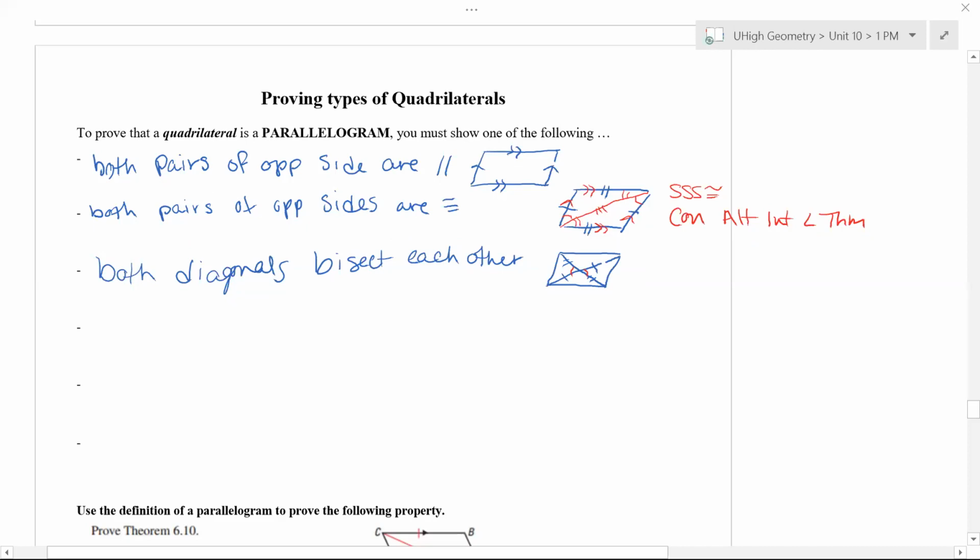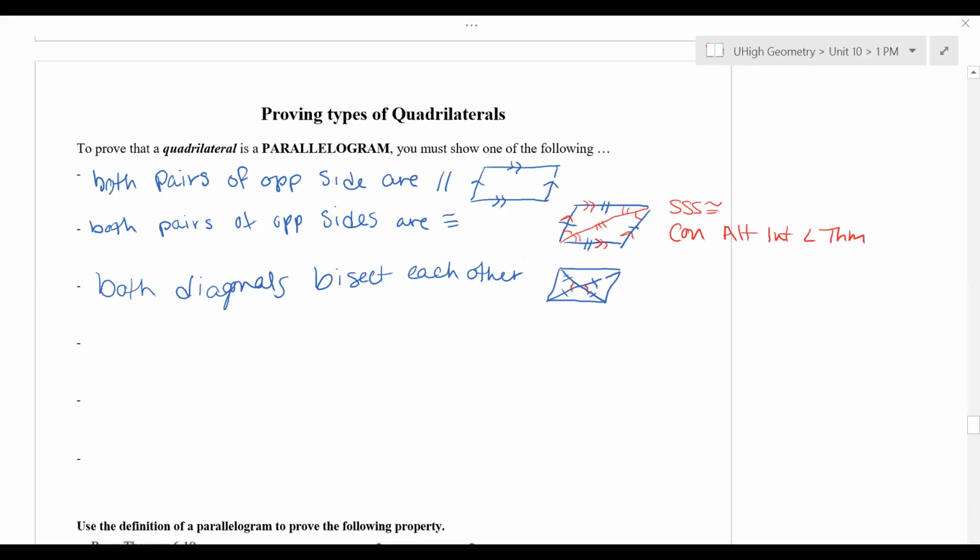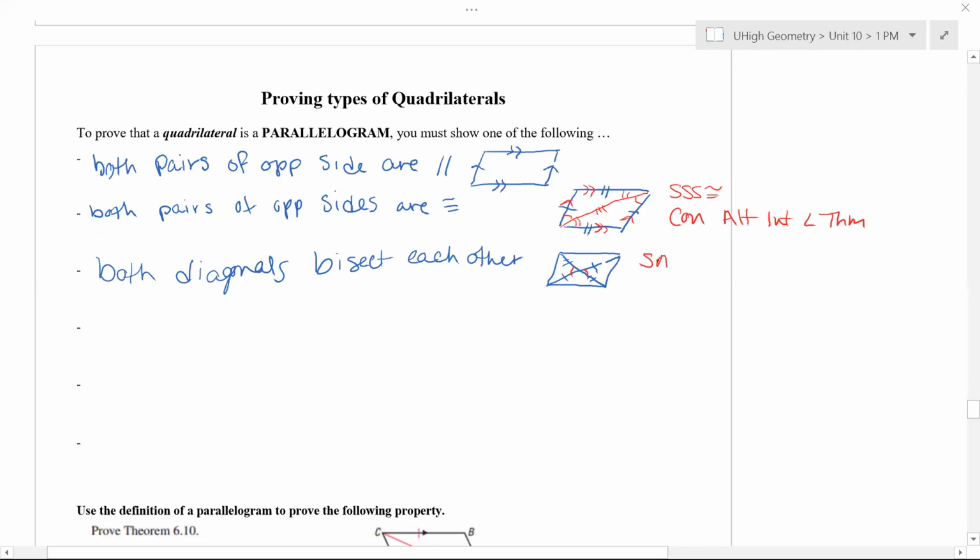So now I have triangles. You could look at the top and the bottom triangle or the left and the right triangle, but those are going to be congruent by side angle side congruence. And very similarly to what we did in the one above, now I know corresponding parts are congruent, so I could draw in those corresponding angles being congruent to one another.